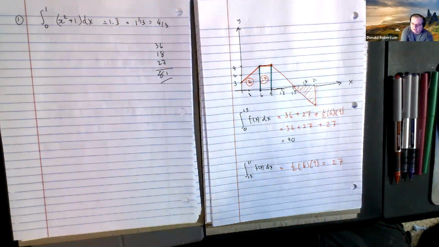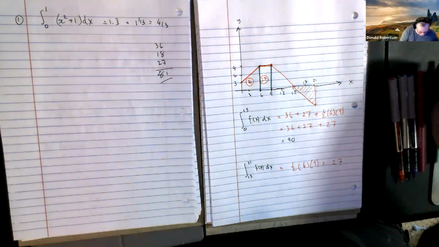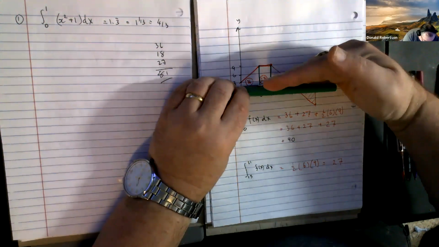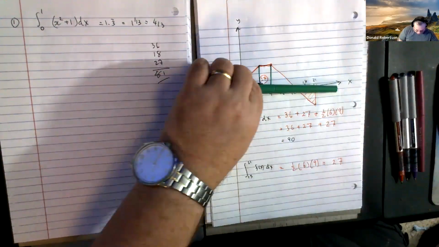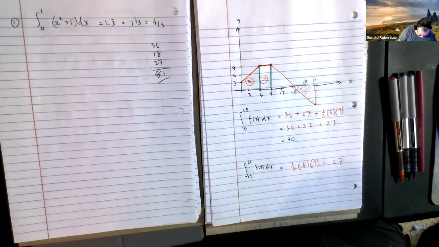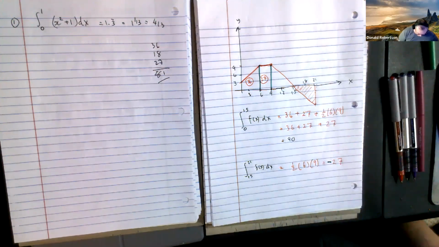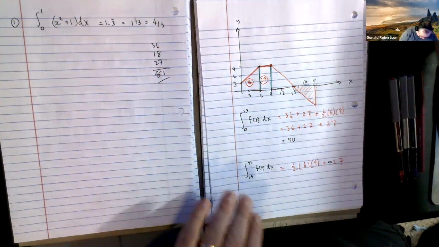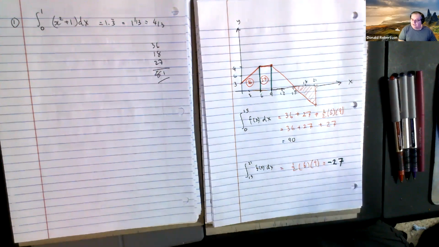That's now no longer the case, because we describe areas above curves or areas under curves by anything that's above is considered positive, but any curve that is below the x-axis, the answer you get is negative, which makes this guy not 27, but negative 27. And it is what it is, right?